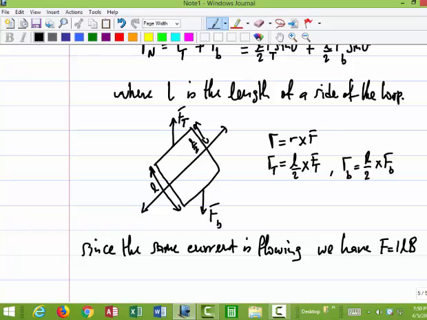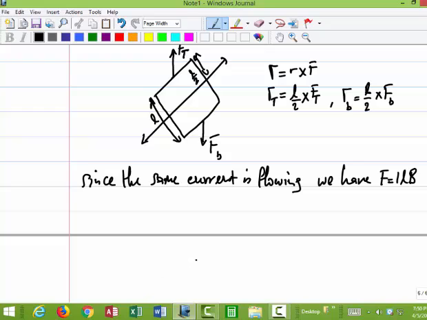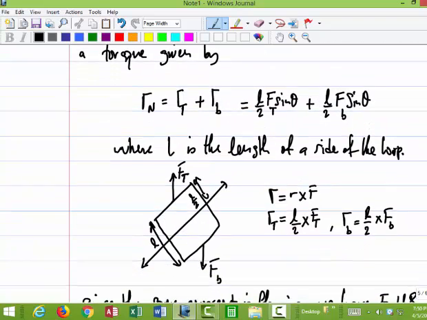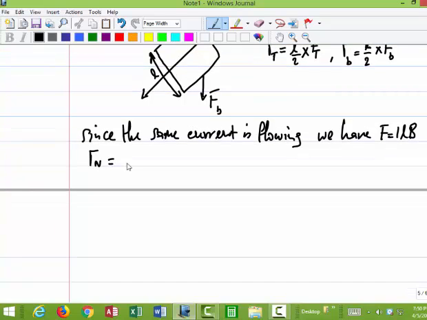So the force is equal to I times L times B. So net torque is equal to, what did I have up here? L over 2 times L times I times B sine theta plus L over 2 times L times I B sine theta.